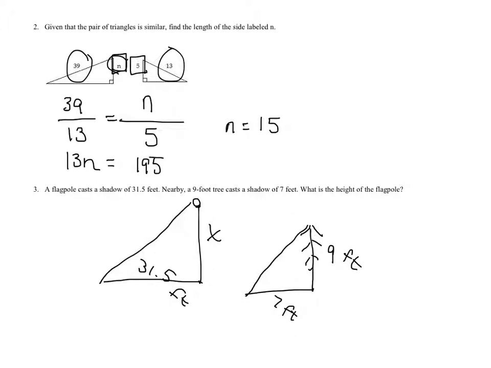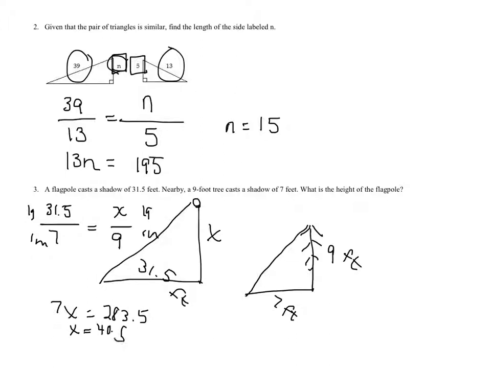So I'm going to do large 31.5 corresponds to 7, as x corresponds to 9. Large to small, large to small. They have to match up, just like we did with proportions. So 31.5 times 9 will give me 283.5 is equal to 7x, and then we're going to divide by 7. And so x is equal to 40.5 feet.